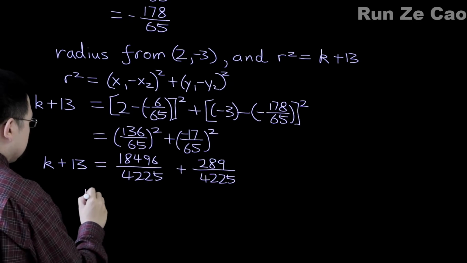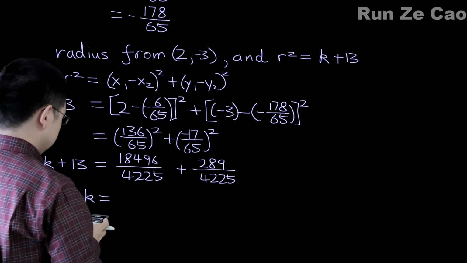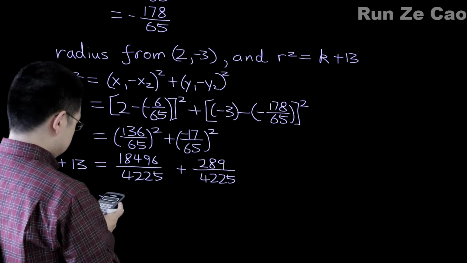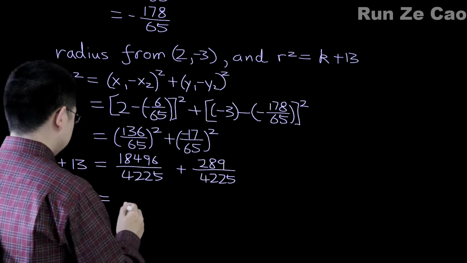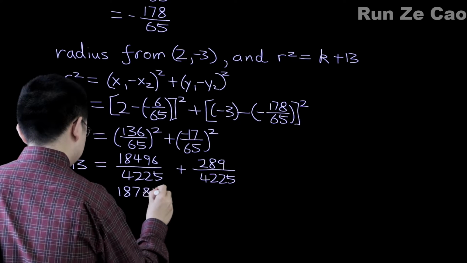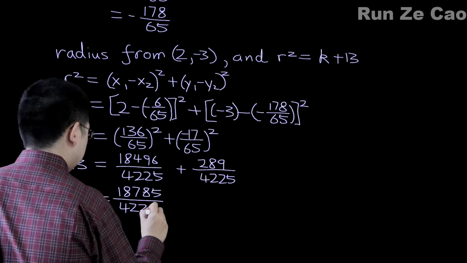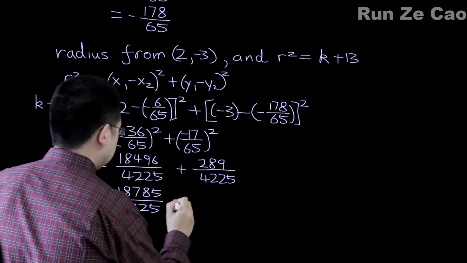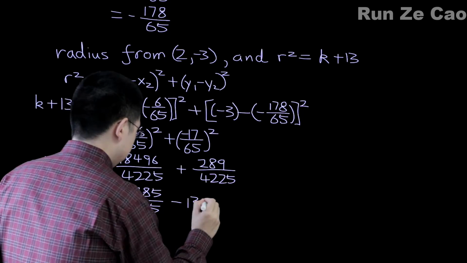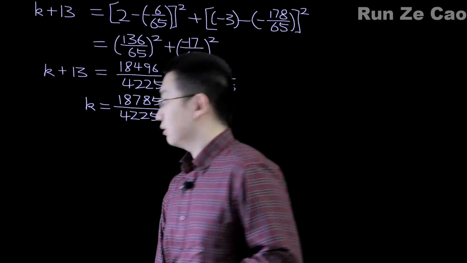That means the next step is going to be k equals, okay, 136 squared plus 17 squared equals 18785 over 4225 minus 13. So 13 times 4225 is what?